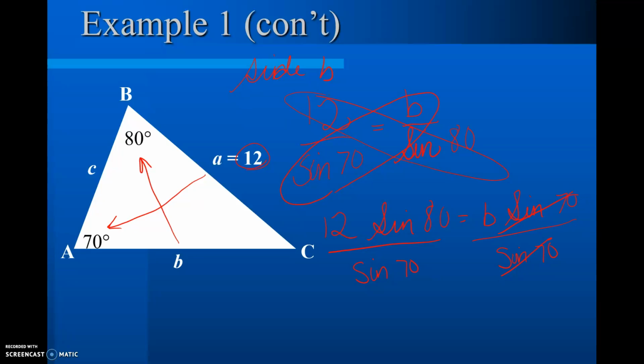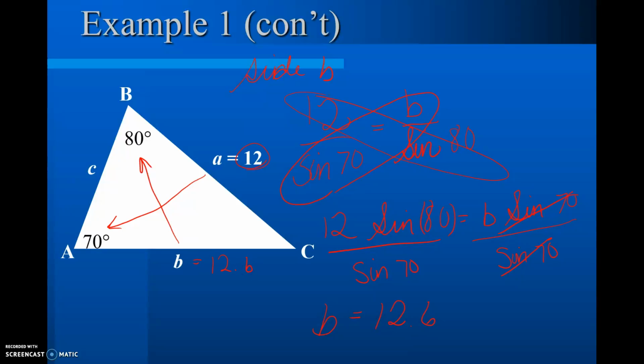When you're plugging in the calculator, just make sure that you close the parentheses around sine 80. Otherwise it divides 80 by sine 70, and it'll give you an error because you'll have something larger than 1 that you're taking the sine of. So b equals 12.6.